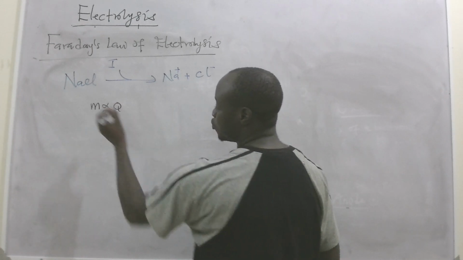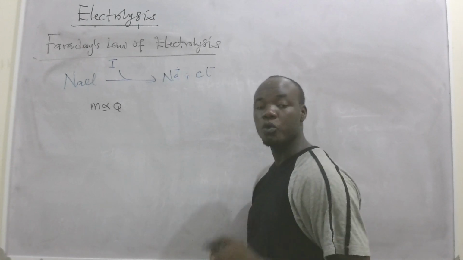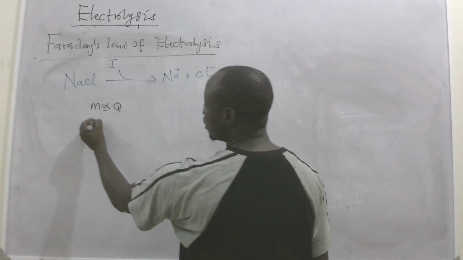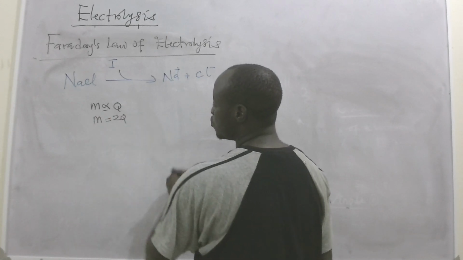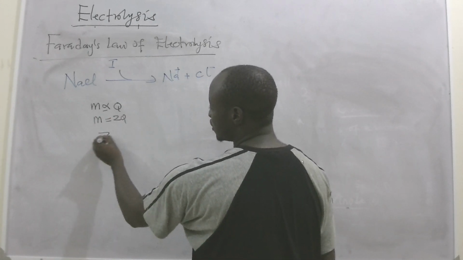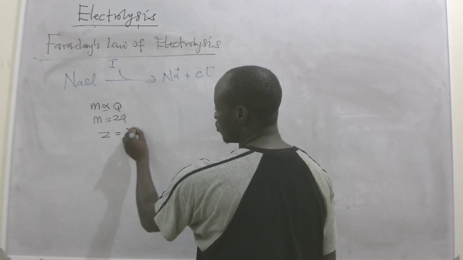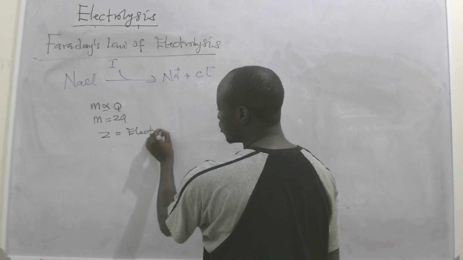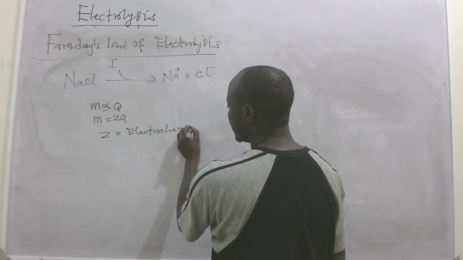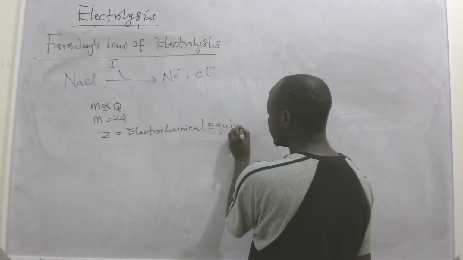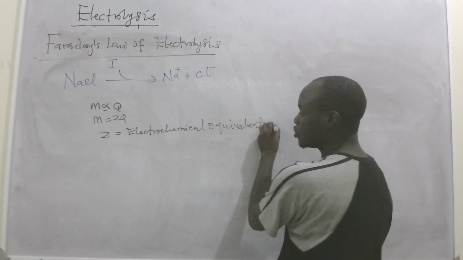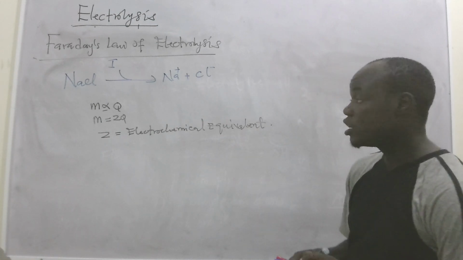Whenever we have proportionality, we introduce a constant. That is why we have M is equal to Z, where Z is a constant called the electrochemical equivalent.